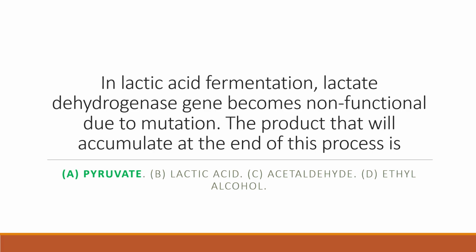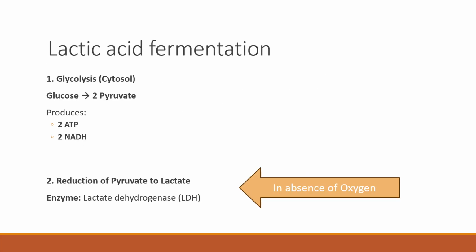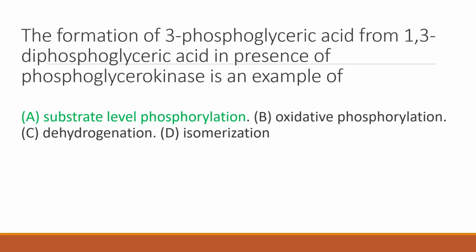Correct answer is the pyruvate. Okay. Next question. So I gave you some explanation also here. In the glycolysis, glucose forms pyruvate, and from the pyruvate to lactate, it is called the lactic acid fermentation. Here this LDH, lactate dehydrogenase, will act for the formation of the lactate.